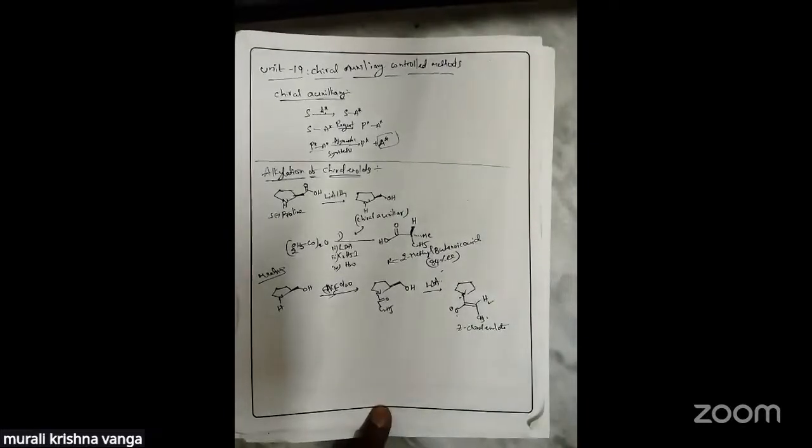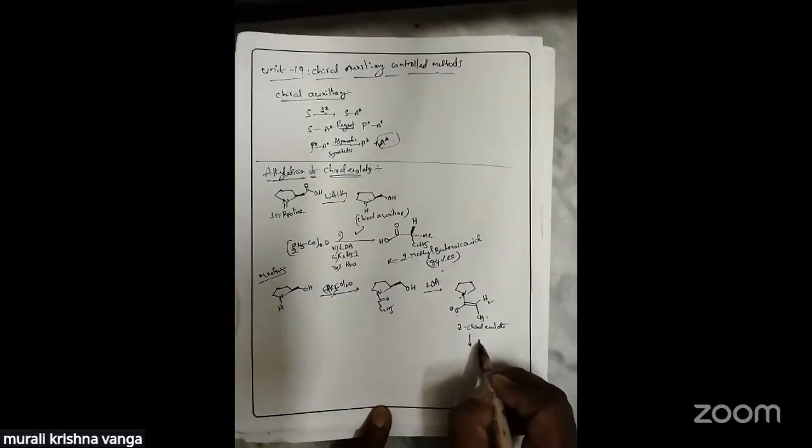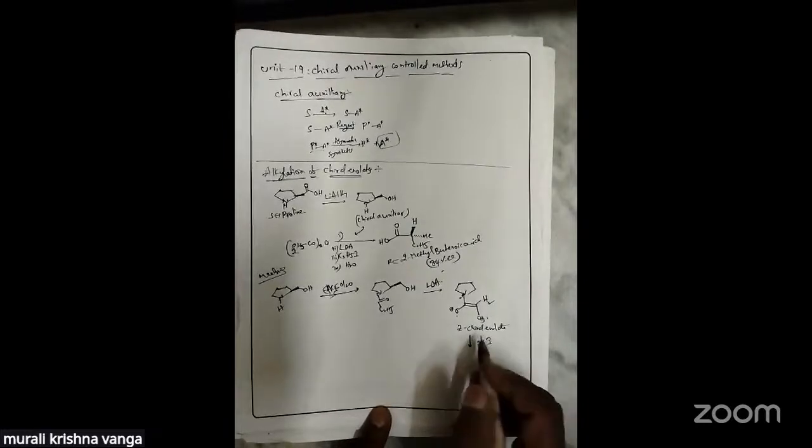This is the Z chiral enolate. This Z chiral enolate reacts with ethyl iodide.